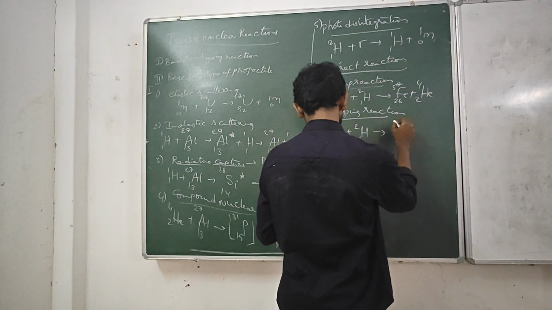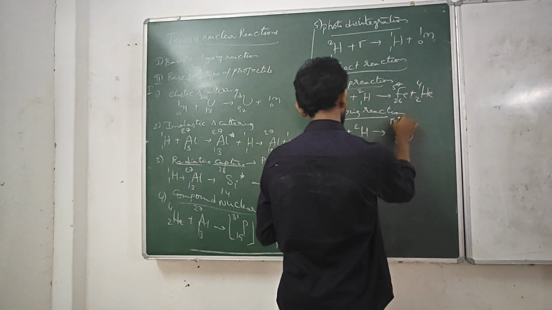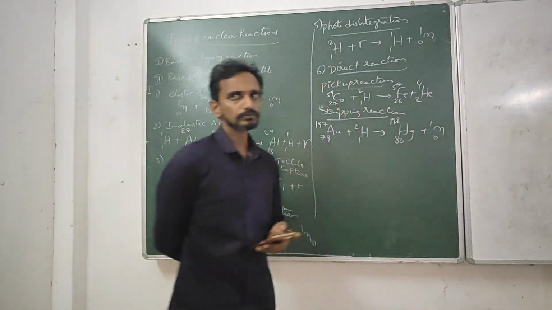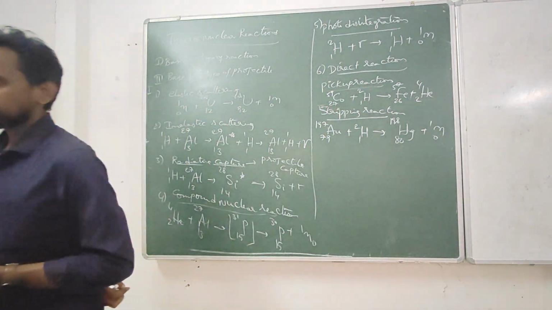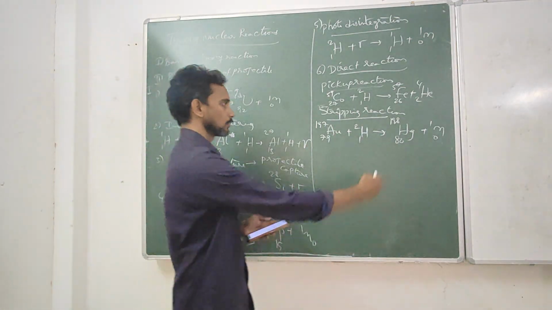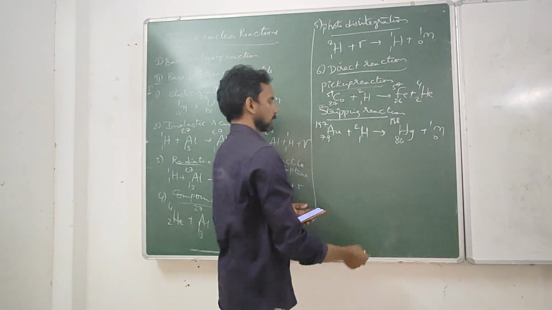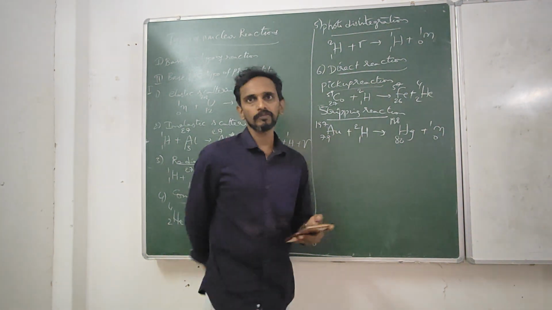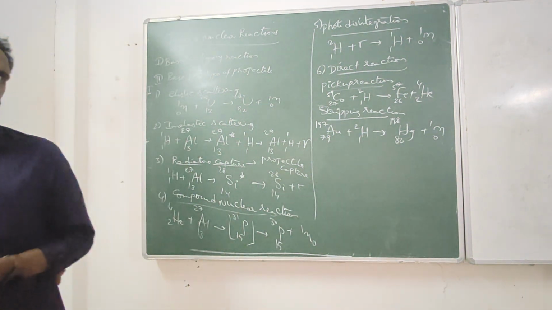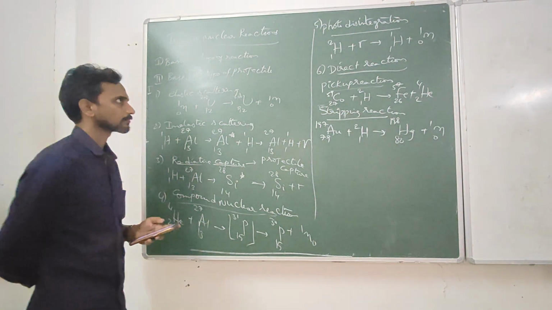Hg-198 80 plus n-1 0. This is the famous alchemy equation. Opposite to that, people try to remove one nucleon to get gold from mercury. Here it is the opposite reaction.